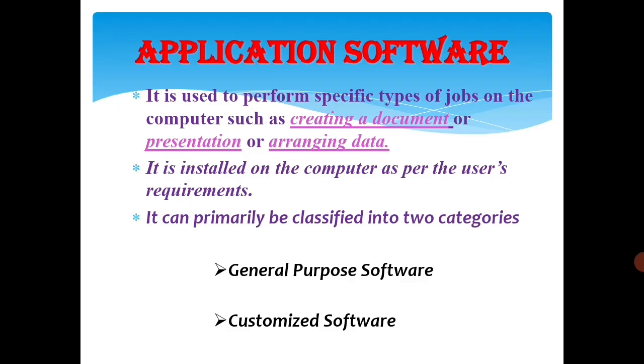A particular type of job is called application software. It is installed as per the user's requirement. It can be divided into two categories. One is general purpose software. The other one is customized software.